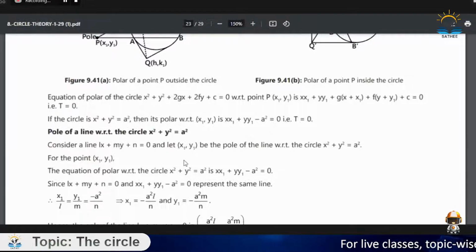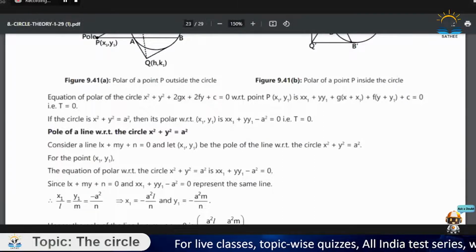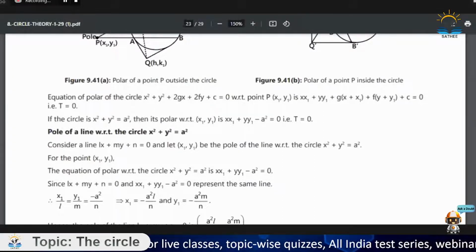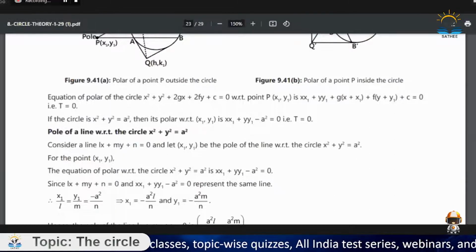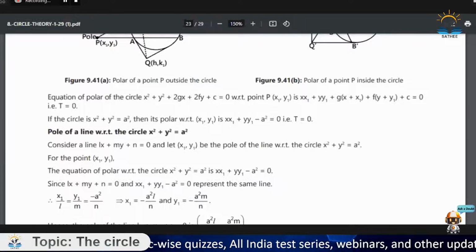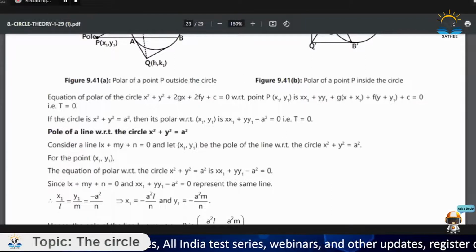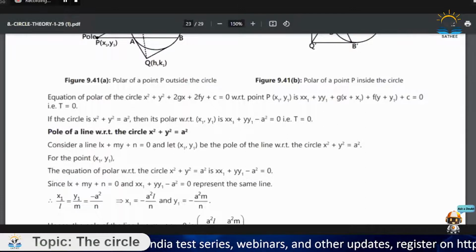So this is basically very easy. This equation is nothing but T is equal to 0, because if the point were on the circle, then this equation would represent a tangent. But if the point is either outside the circle or inside the circle, then this equation represents the polar.